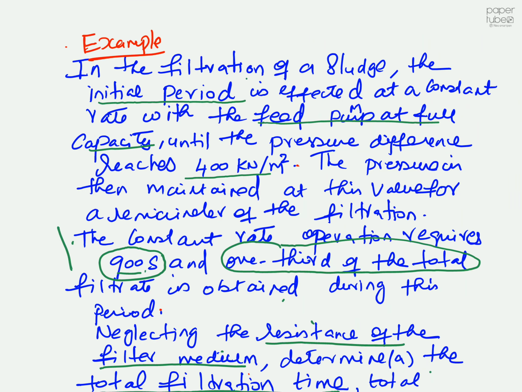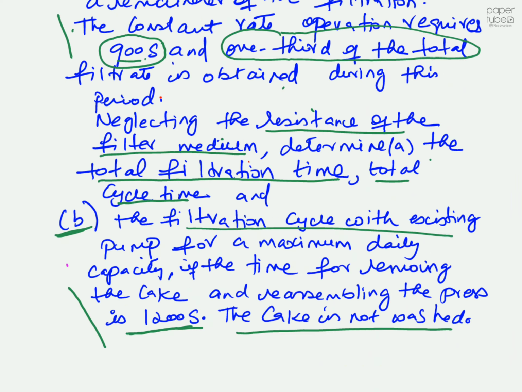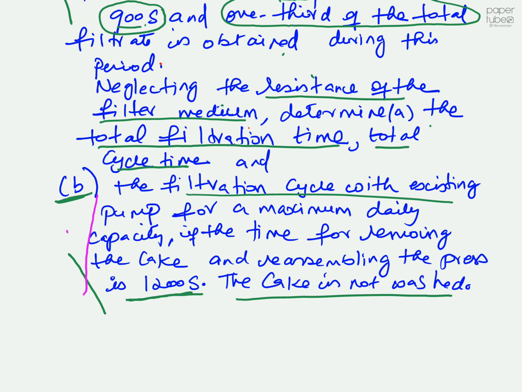What I asked in part B is the filtration cycle with existing pump for a maximum daily capacity. Again, the time for removing the cake and reassembling the press is 1200 seconds.